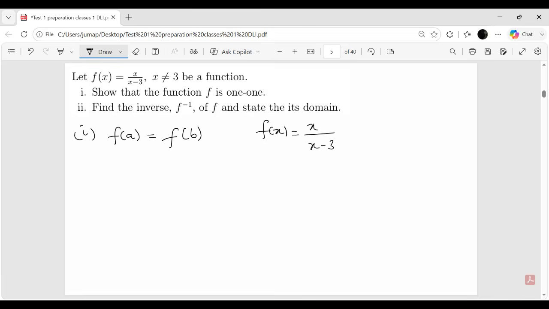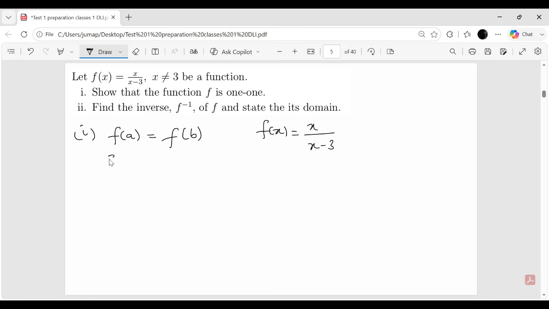So this general function that we have, which is x over x minus 3, I'm going to replace, because I've said f of a must be equal to what? F of b. So f of a, I'll replace here with a, and here again with b. On the left side, I'll replace with a. On the right side, I'll replace with b. So it's going to be f of a, meaning that where there's x, I'll put a.